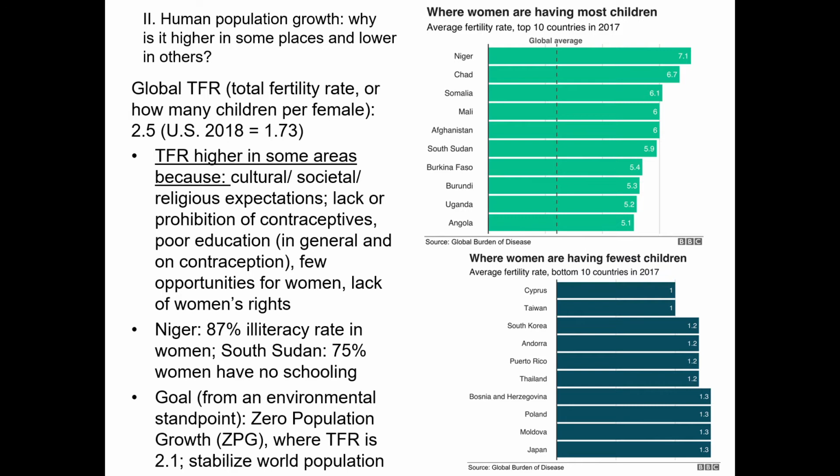And to achieve zero population growth, we need what's called a TFR, total fertility rate, of 2.1. This would stabilize world population, so we have enough resources for the human population to continue existing for years to come.